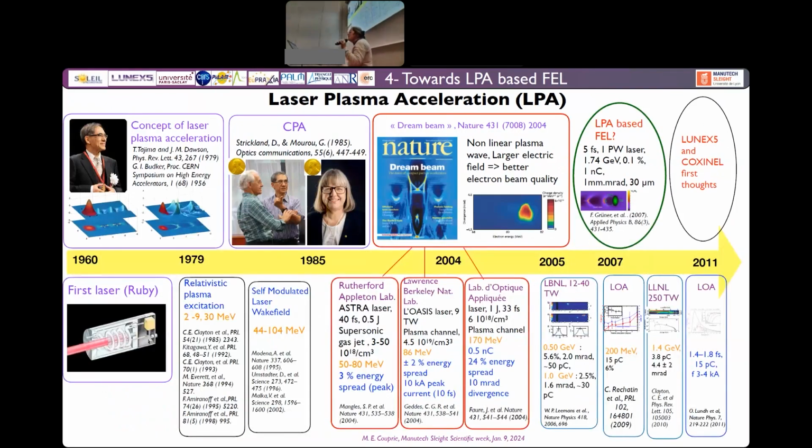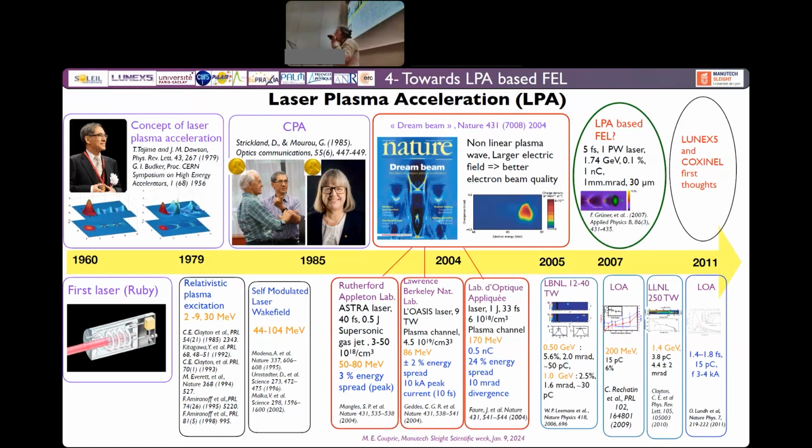So the laser plasma acceleration development is the following. After the proposition of the concept by Tajima and Dawson, which came from the invention of the laser as well, such as the FEL, there were first experiments with relativistic plasma excitation and self-modulated laser wakefield, but with very preliminary results.